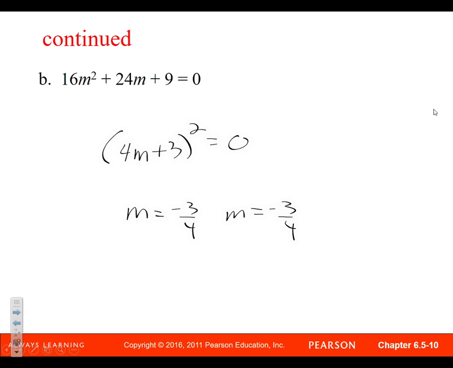Always check if they're perfect squares first. If not, then oh darn. I need to go kick it a little. 6.2, right?